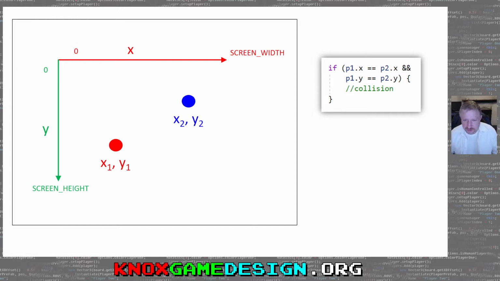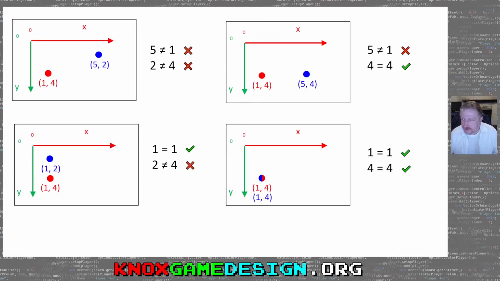So here it is, the 2 points, and to test whether they collide, I got C# code up there that you could use for, say, Unity, where p1.x equals p2.x, and then we got the double ampersands for and, p1.y equals p2.y.